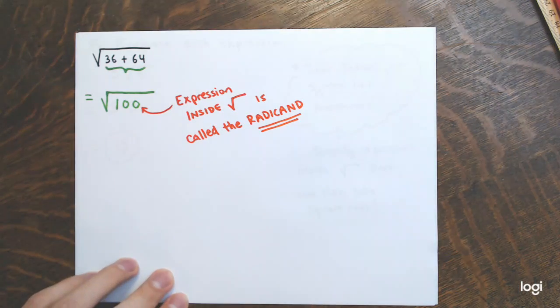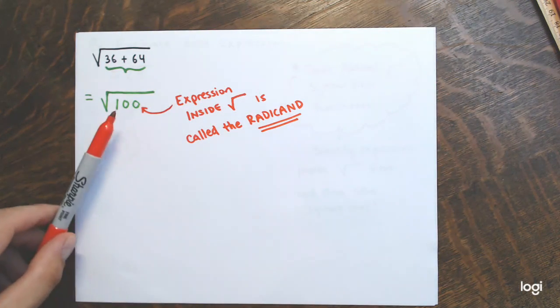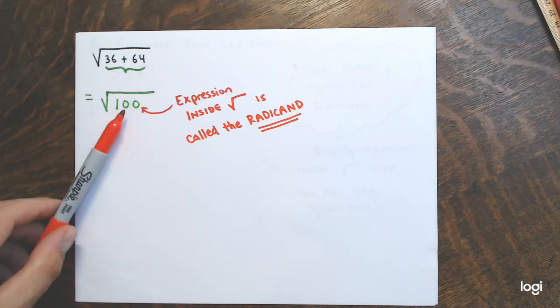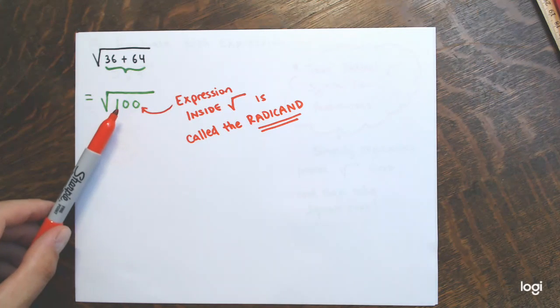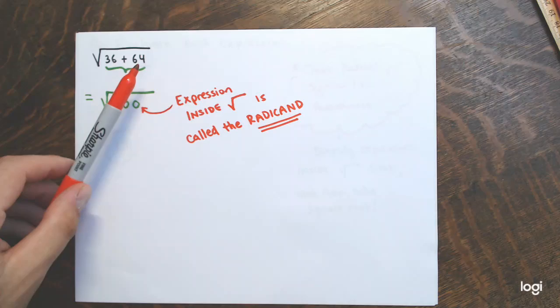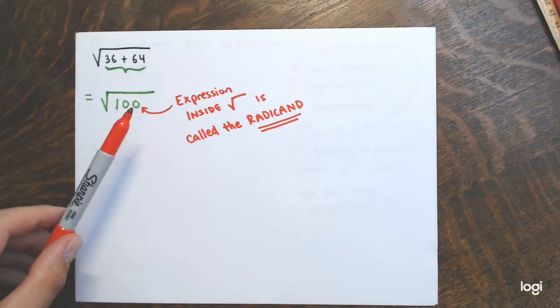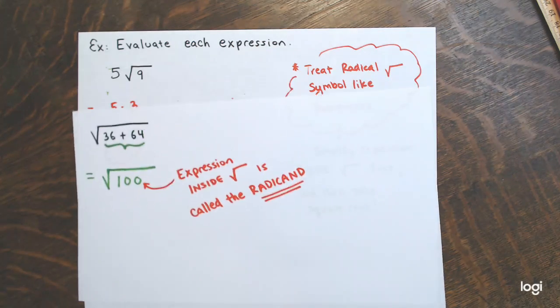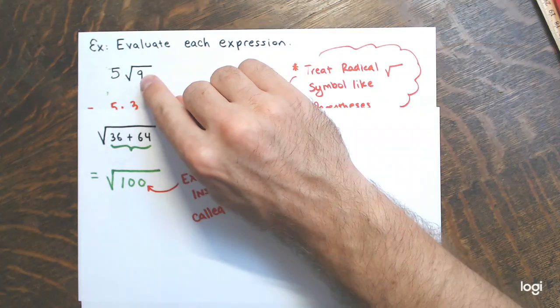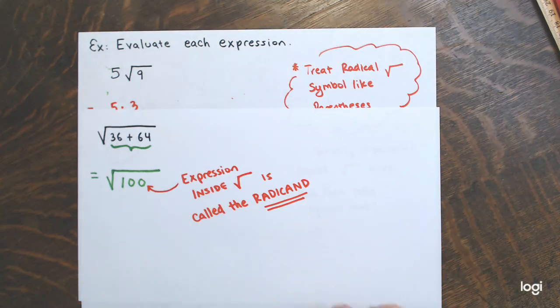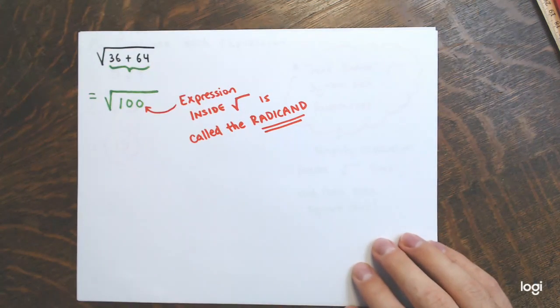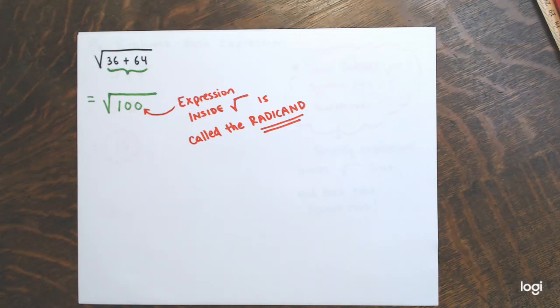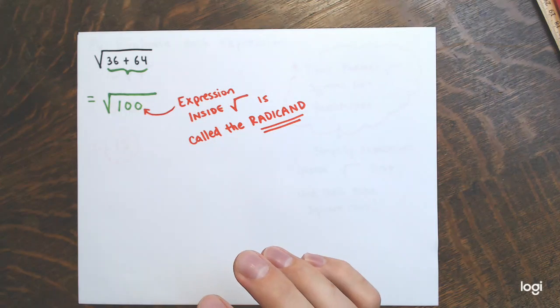It's a fancy word for the expression inside the radical symbol or the square root symbol. So here, 36 plus 64 is the radicand. 100 is the radicand. Back here, 9 is the radicand. Anything underneath the radical symbol is called the radicand. So my apologies. Back to my problem.